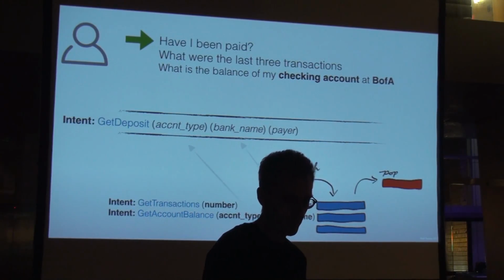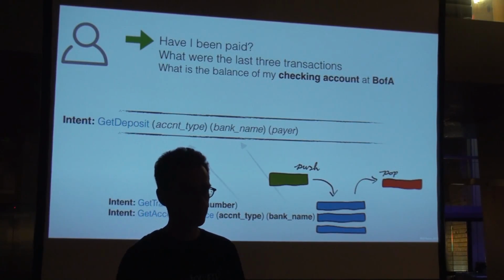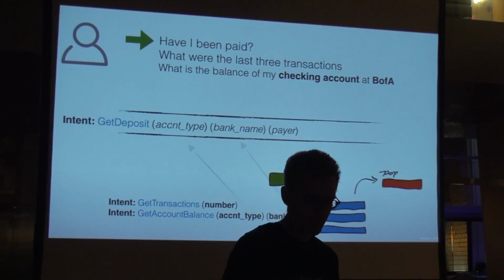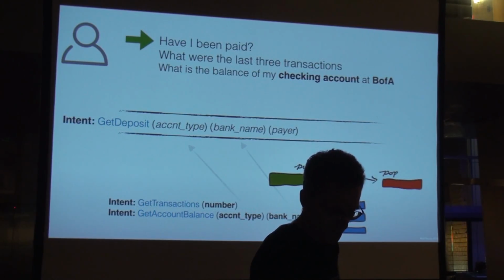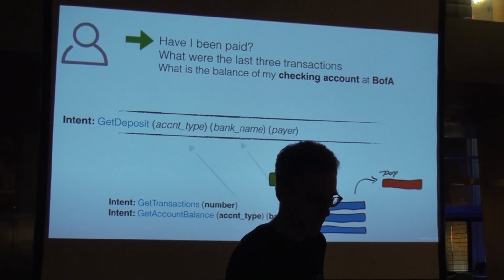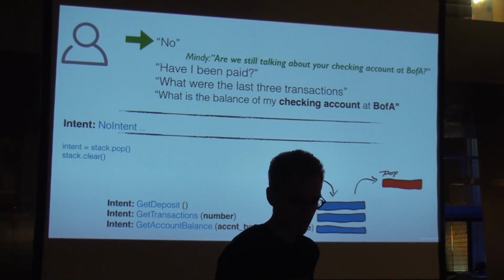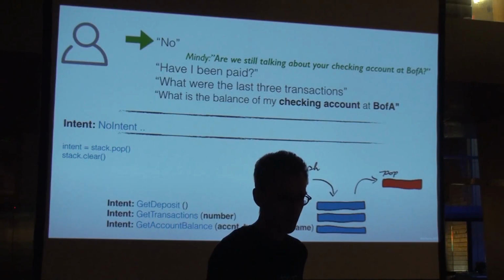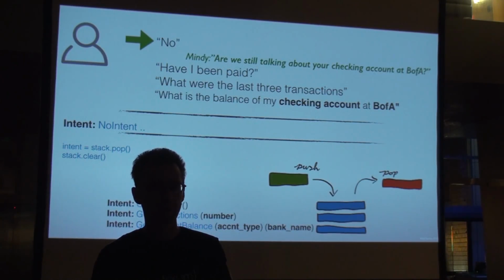The next request could be get deposit, meaning have I been paid? Now I find that neither of my optional entities is on the stack. I would have to go 1 level deeper to find them. I could apply them, or we think it's better to ask. So a question could be, are we still talking about the checking account at Bank of America?